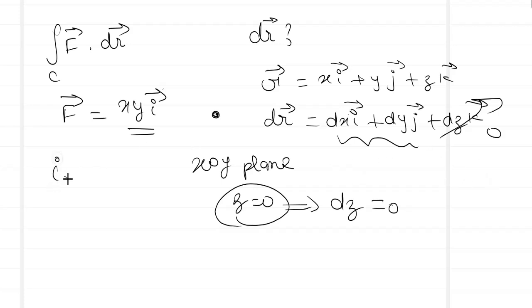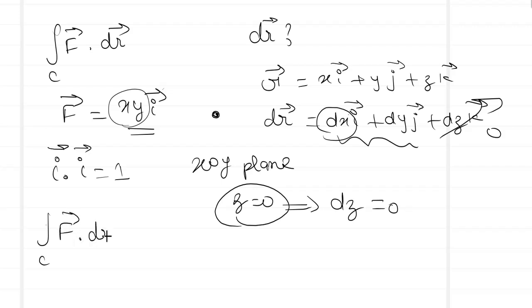So when I take i dot i equal to 1, this dx will take the dot product with this dx. So i dot i is 1, and the integral over C of F vector dot dr vector will reduce to the integral over C of xy dx. This is the portion alone I am going to evaluate.